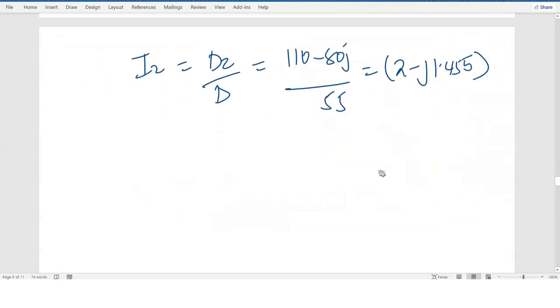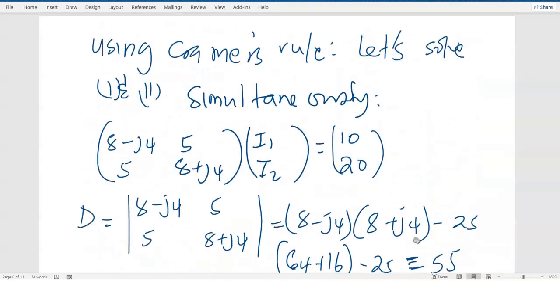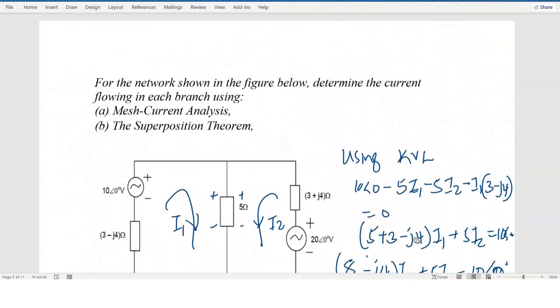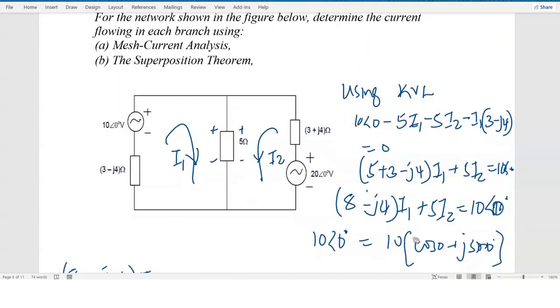You can also convert it so that you have I2 equivalent to 2.473 at an angle of negative 36 degrees. So using mesh analysis, we have been able to determine the currents in the branches.